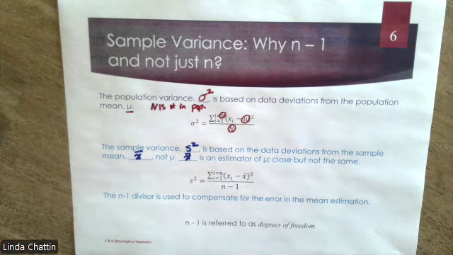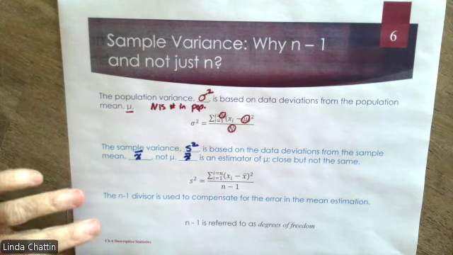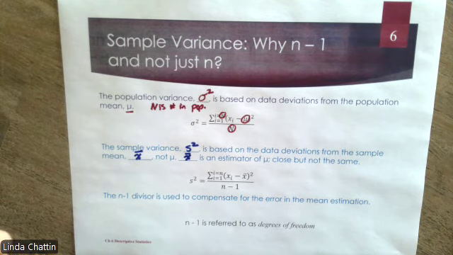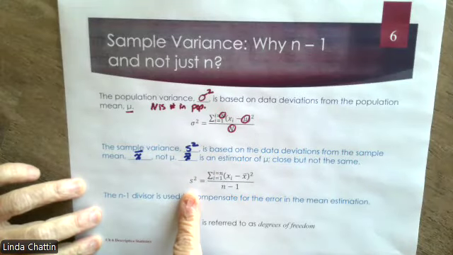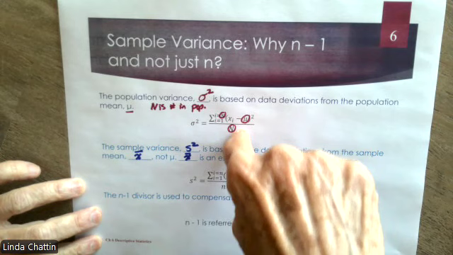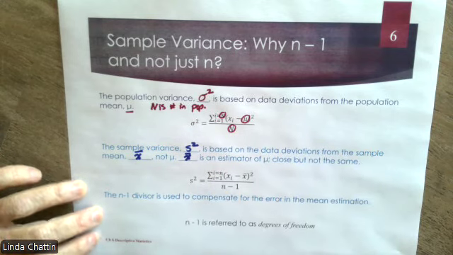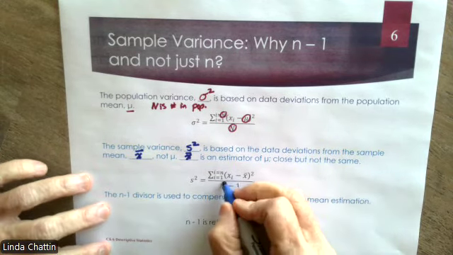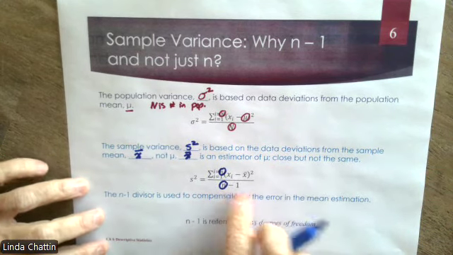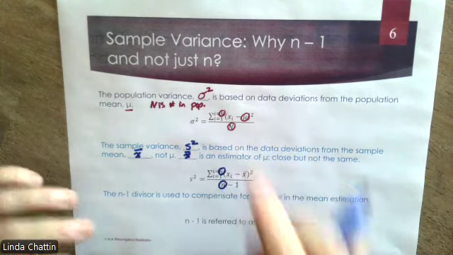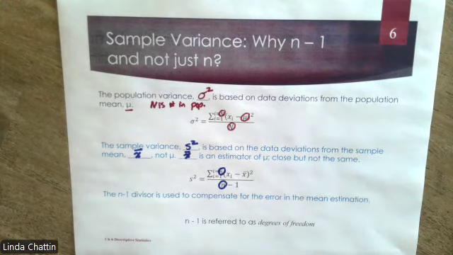So what you see here is the differences: population variance, sample variance, number in the population, number in the sample, and the number in the sample is that lowercase n here. But again, why are we dividing by n minus 1? Why don't we just divide by lowercase n? The problem is it compensates for the error in the mean estimation.